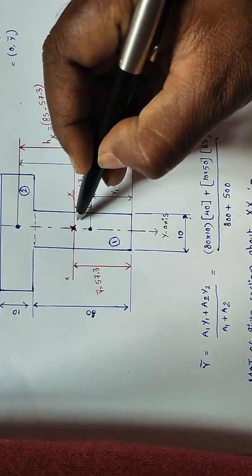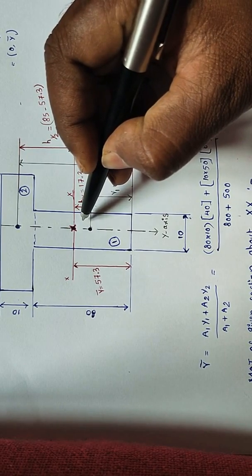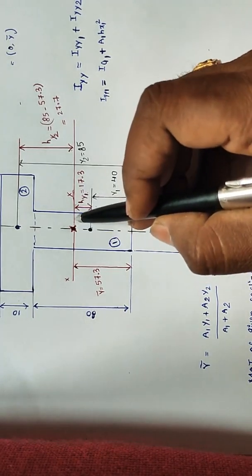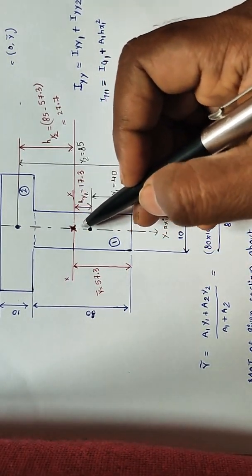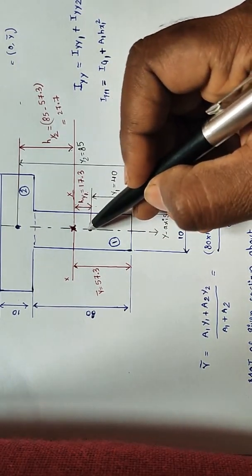So we are not going to get hx1 because along the x-axis the distance between those two points is 0, because those two centroids lie on y-axis only.